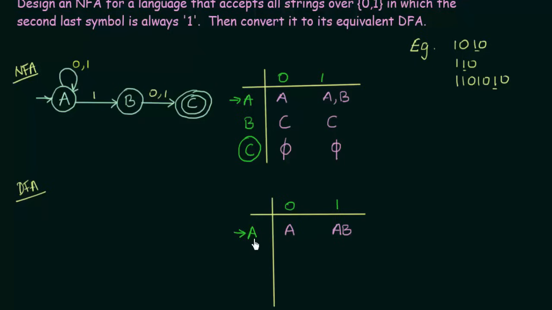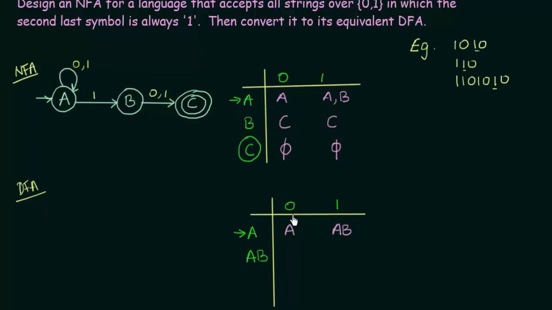I've already written for A. The next thing is AB, so we will talk about state AB. In order to see where AB goes on getting input 0 or 1, I should go to the NFA table, look at both A and B, and perform the union operation of A and B on getting particular inputs.